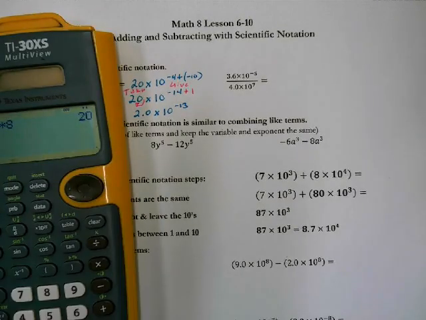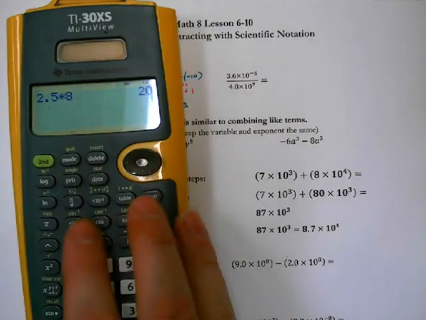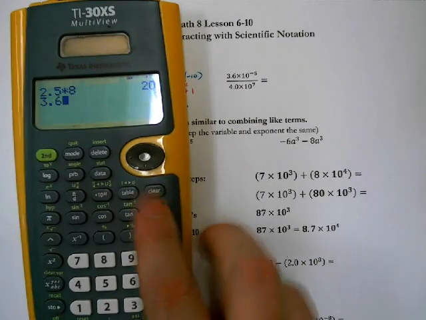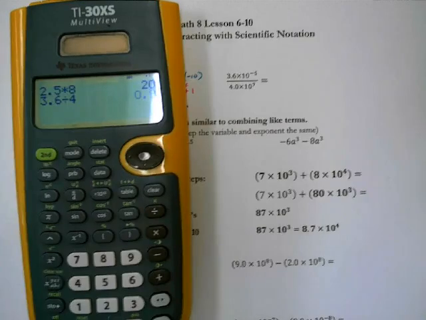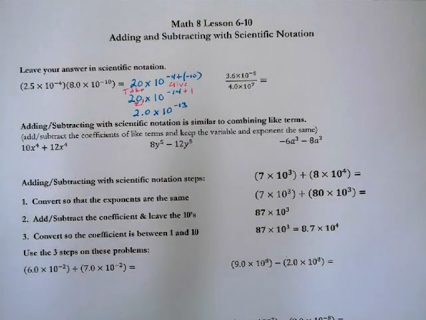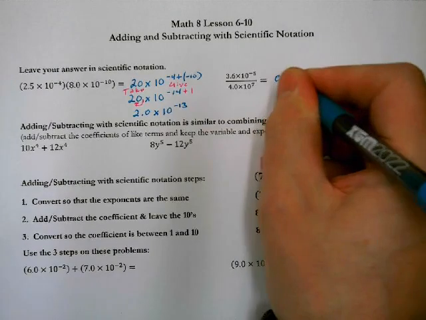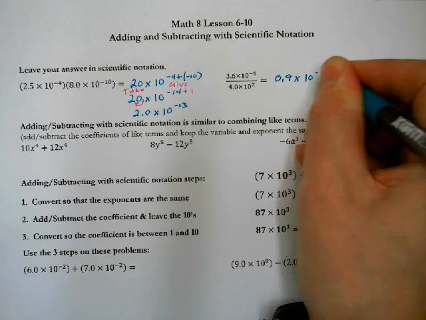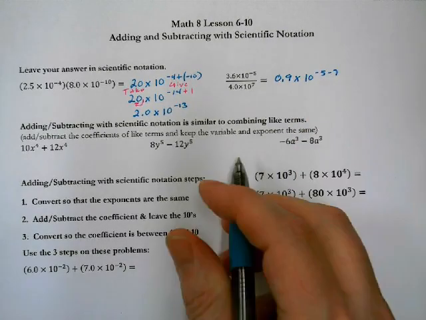Next one. 0.36 divided by 4. I'm going to guess that that's going to be 0.8. 0.36 divided by 4. 0.9, I was off. All right, it's 0.9. So we get 0.9 times 10 to the -5 minus 7.